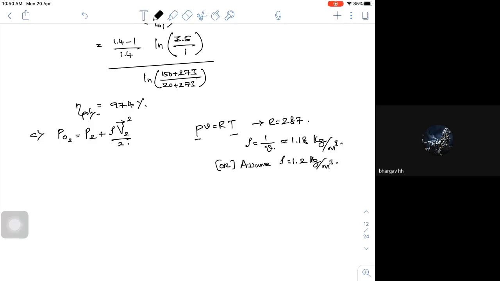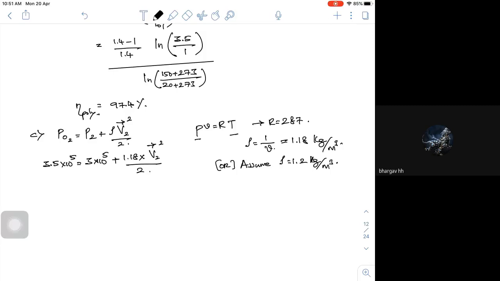So P02, they have given it as 3.5. So I have to substitute, that is 3.5 into 10 to the power of 5 plus, so P2 already given in the numerical, which is 3 bar, plus 1.18 into V2 square divided by 2.